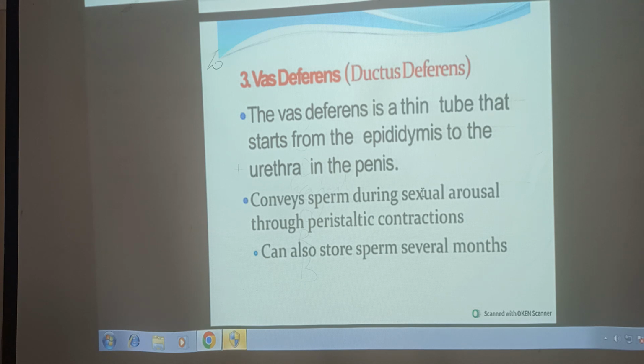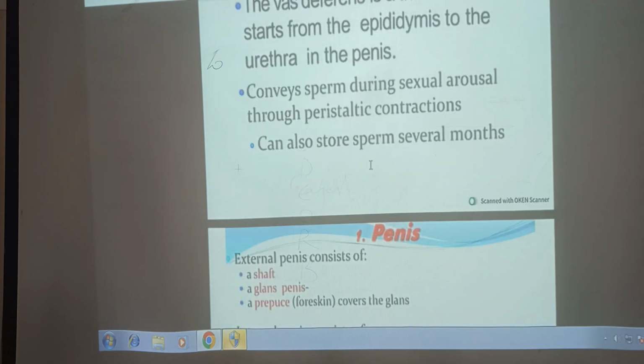It starts from the tail of the epididymis, passes through the inguinal canal into the abdomen and loops over the urinary bladder. The vasa deferens is a thin tube that starts from the epididymis to the urethra in the penis. It conveys sperm during sexual arousal through peristaltic contractions. Peristaltic contraction is very important. It can also store sperm for several months.